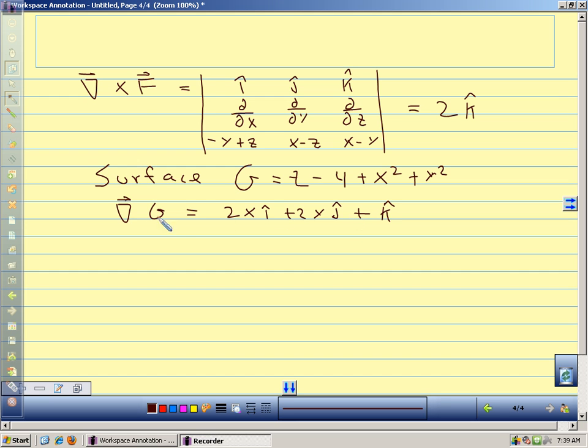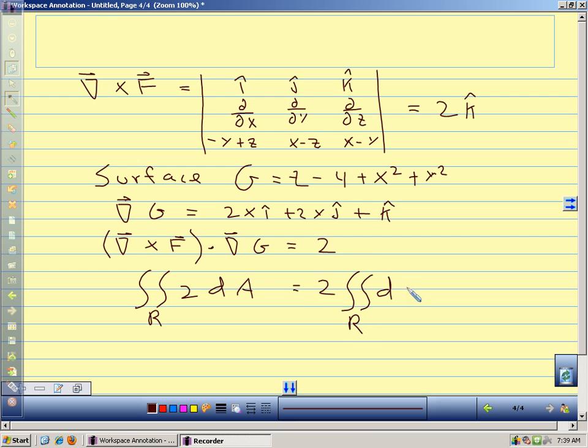We're going to take the dot product of del cross f with del G. And we get 2. So our surface integral is the integral over our region of 2 dA. And that equals 2 double integral over the region of dA.